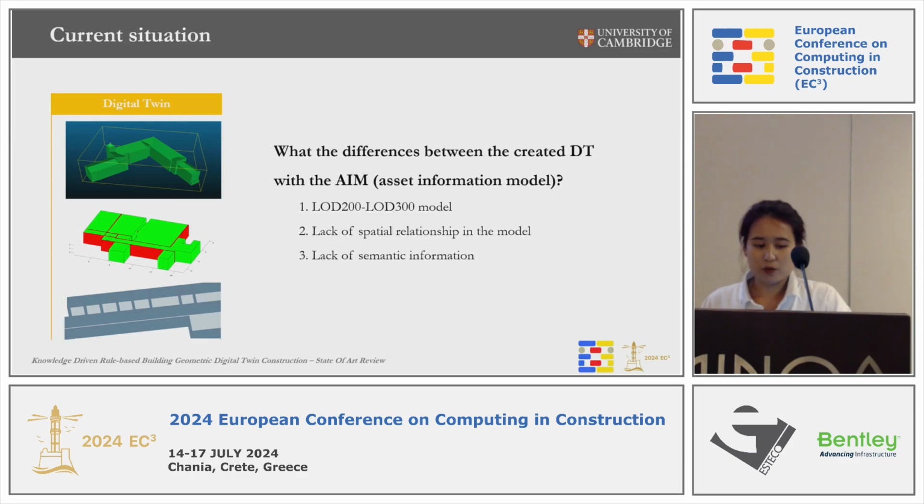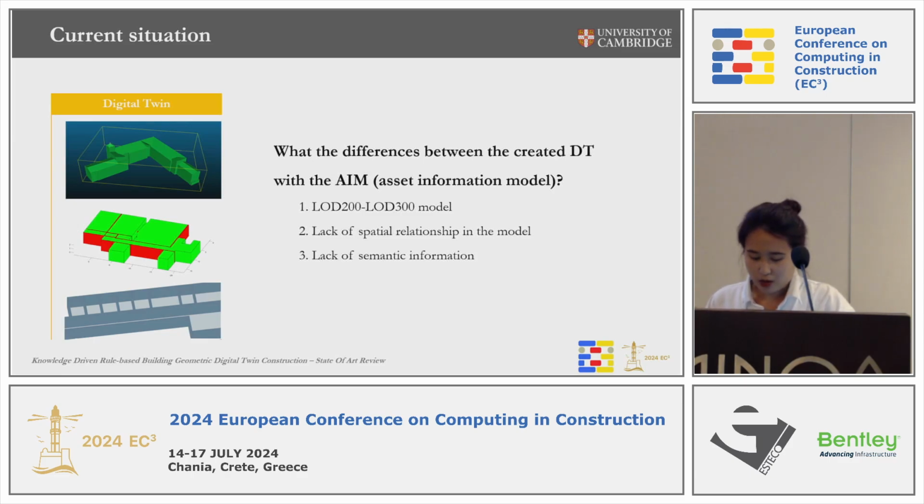In the management process, we have the definition of asset information model or asset information management. And what is the difference between these two? I think first, we need a higher level of detail. Currently, we have levels of detail from 200 or 300 as the maximum for the model, and most of the research links the spatial relationships in the model and the semantic information of the model.